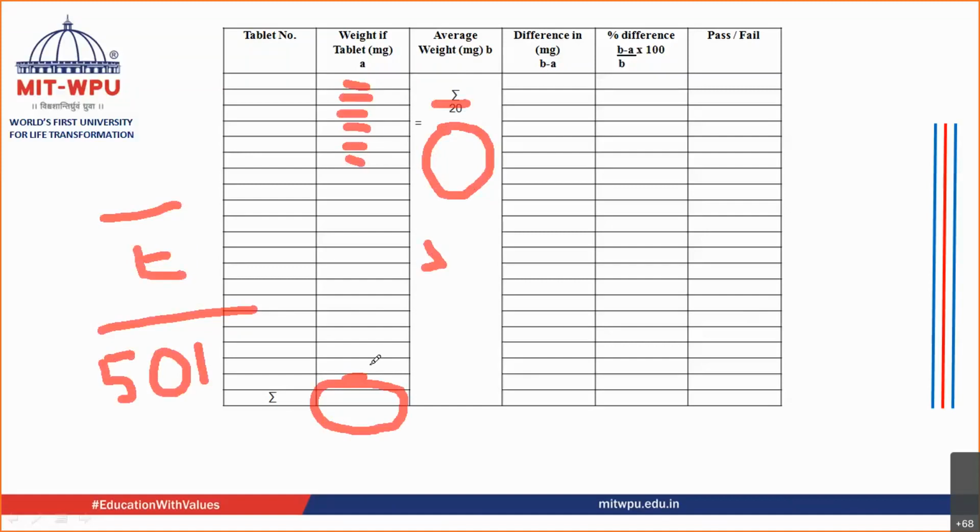In that case, you need not do this calculation and find out the average weight, because you know that 501 milligram is the weight I require from each and every tablet, because the formula is very fixed, right? Got it? If not, supposing you are doing in practical, then you are going to find out the average weight, and that you are going to write down over here. Don't get confused, I am just telling you what can happen in industry.